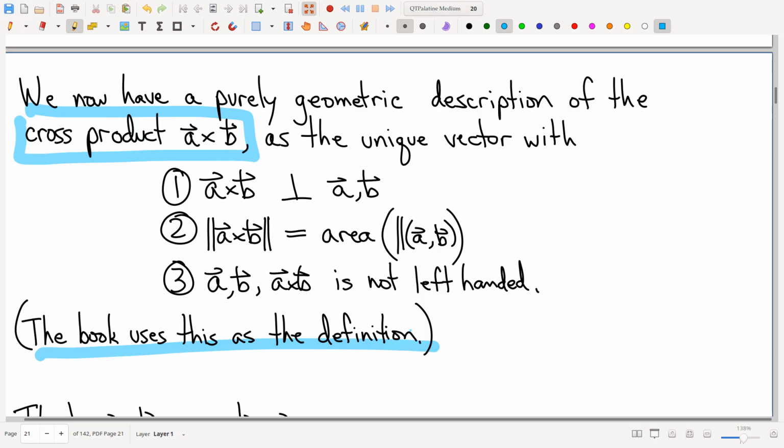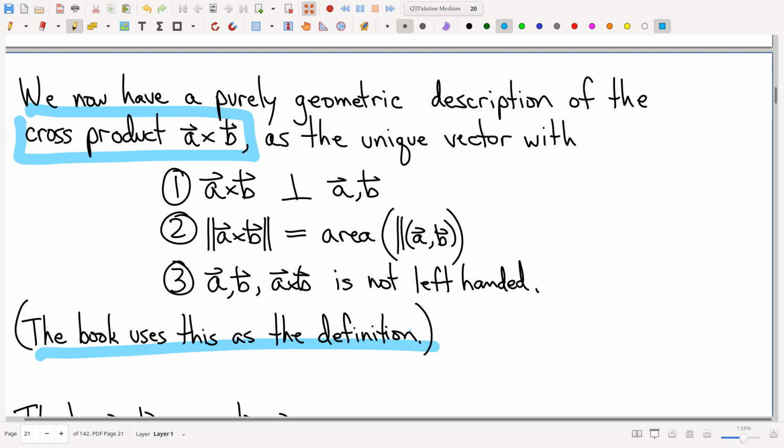Now there's pros and cons to these 2 different takes, right? What the book does is very reasonable mathematically, right? But it has some downsides. I think it's harder to follow. I think it's less geometrically satisfying. That's just my opinion.